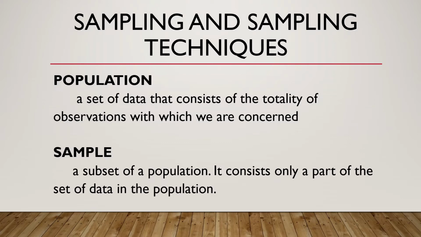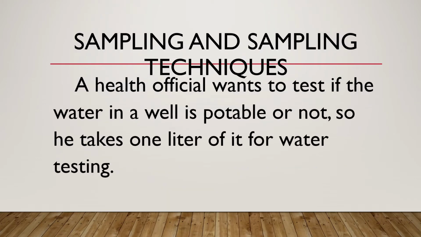To have a clearer illustration of the difference of population and sample, we have here a situation. Let me read it to you. A health official wants to test if the water in a well is potable or not, so he takes 1 liter of it for water testing. Which do you think is the population and which is the sample?